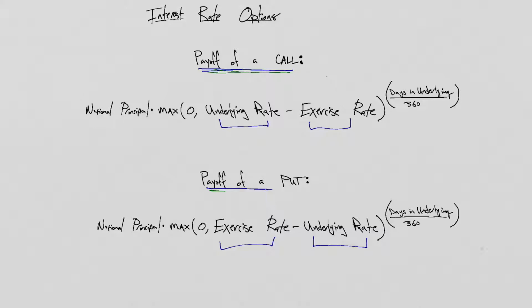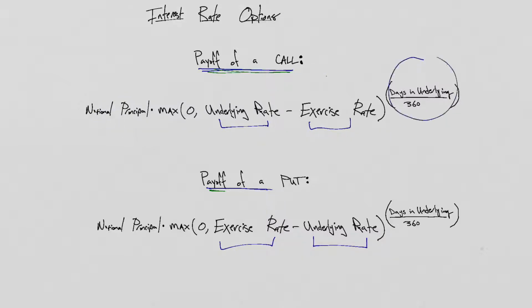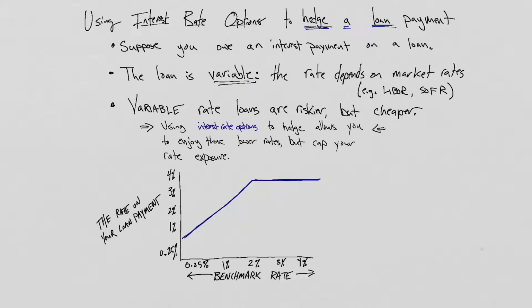Since your option may itself not be annual, it may be a 6-month option, it may be a 2-year option, we adjust these annual rates by this exponential factor here: the number of days until the expiration date divided by 365. So it's one unique adjustment that we have to make to interest rate options that we don't have to make for other options.